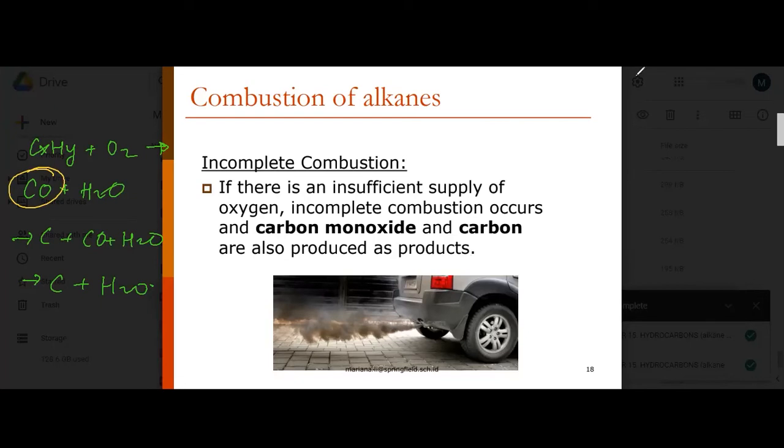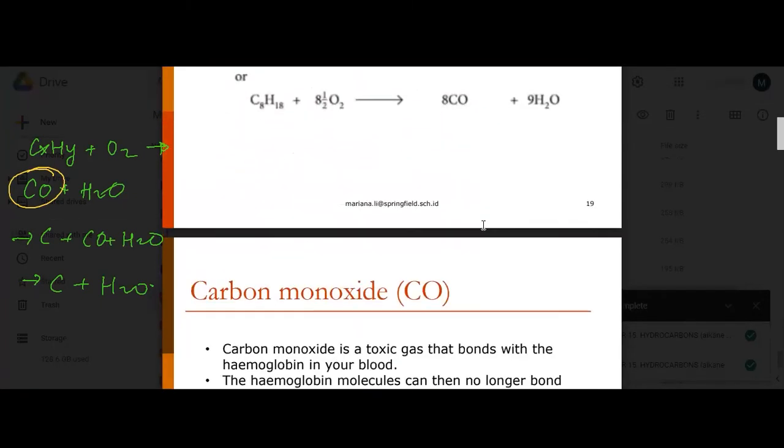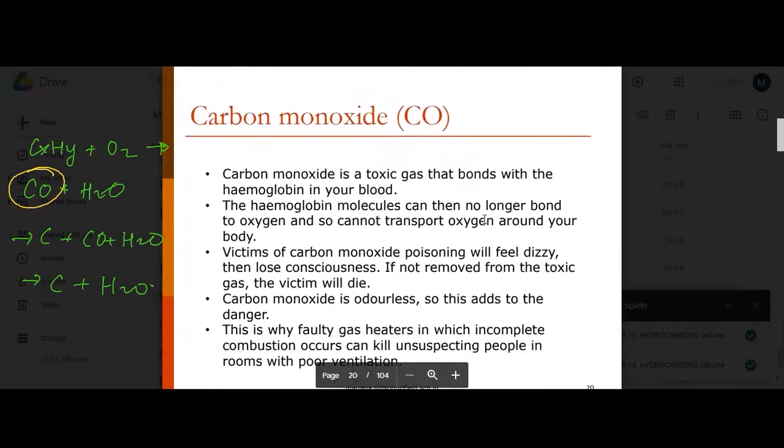Okay, why is carbon monoxide very toxic? Since it can make a very strong bond with hemoglobin. What is hemoglobin? Hemoglobin is the protein in our red blood cells that has the responsibility to carry oxygen to all organs in our body.